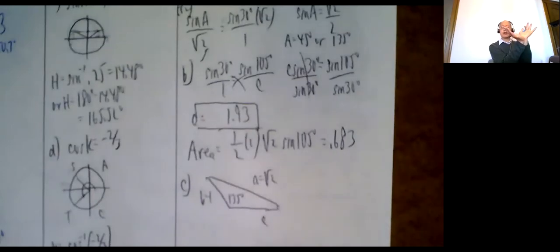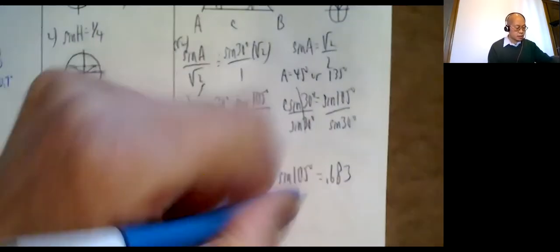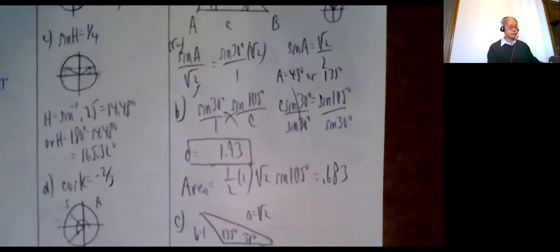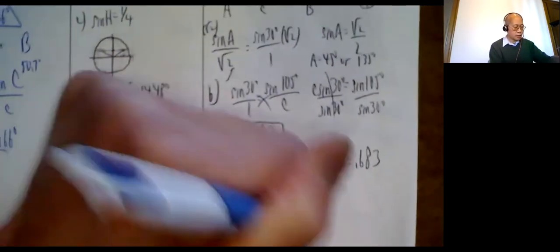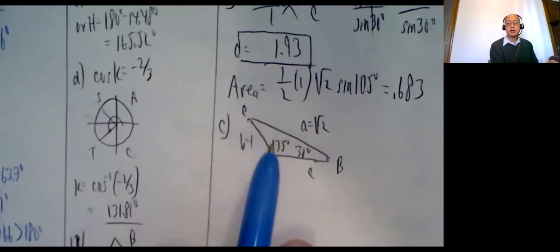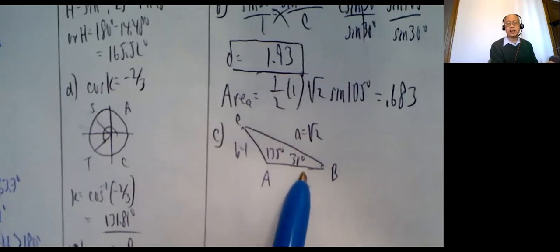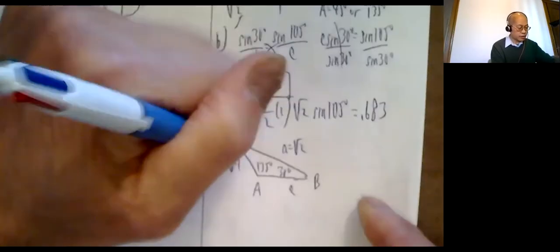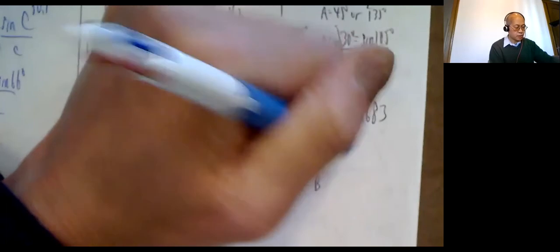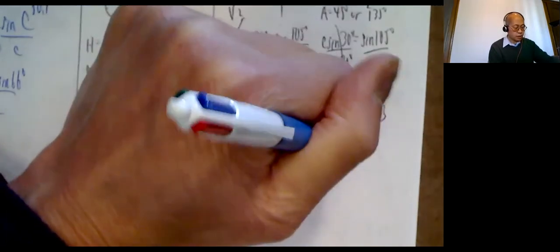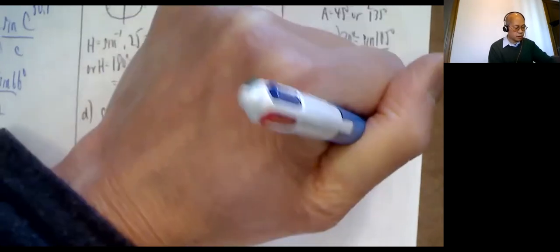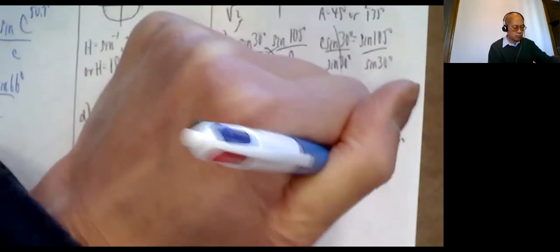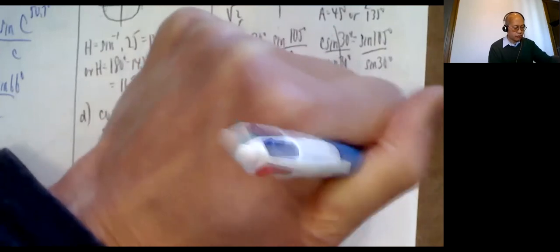So it's much more exaggerated as an angle. This is still 30 degrees. C, A, B. All right, so that's going to be 135 plus 30 is 165. 180 minus 165 is 15. Okay, so angle C is 180 minus 135 minus 30, which is 15 degrees.